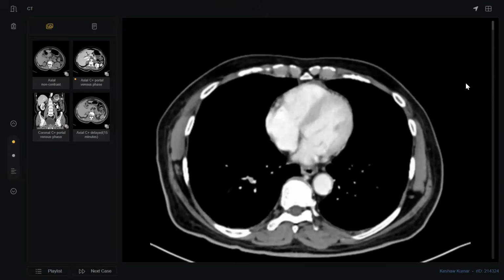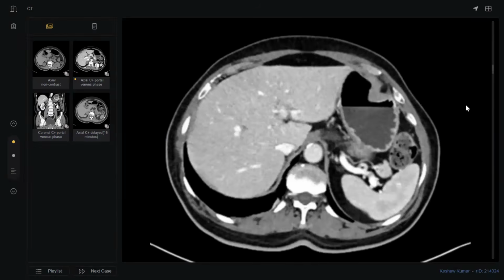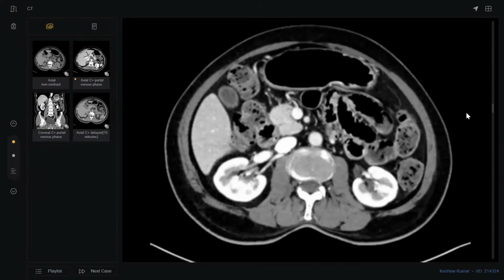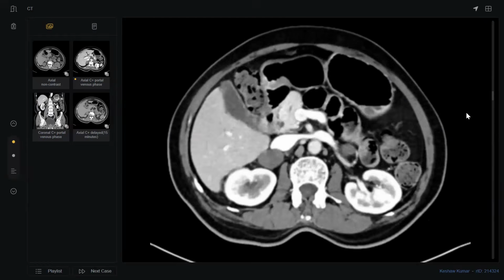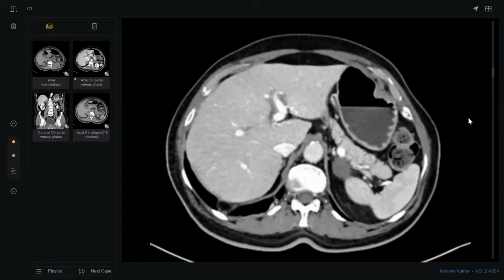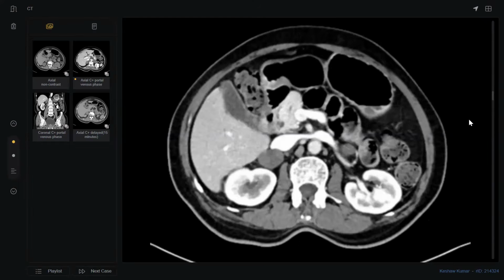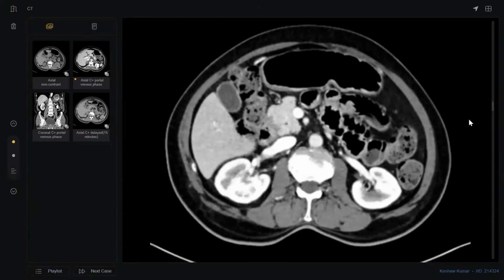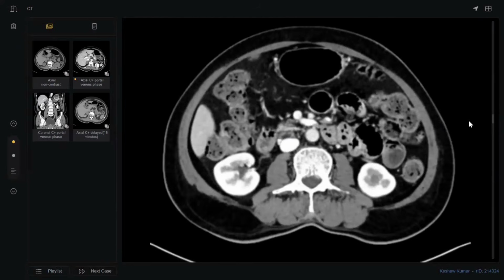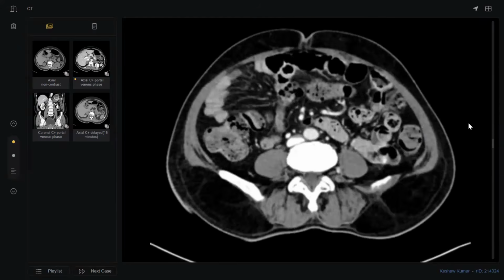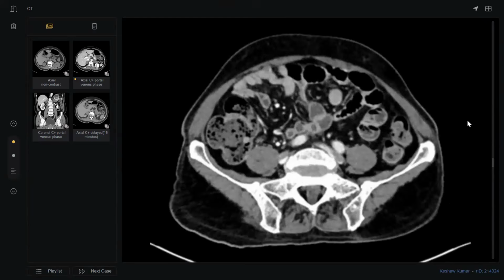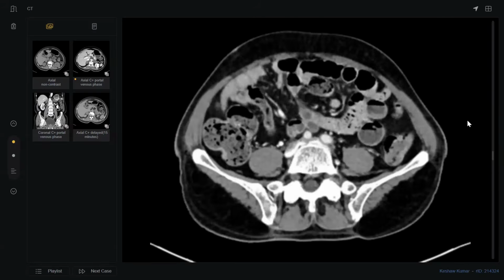Again, I'm scrolling through the whole stack of images. I noticed that the adrenal areas are lobulated, relatively non-enhancing masses, replaced by non-enhancing hypodense masses, and now coming to the peritoneal region.